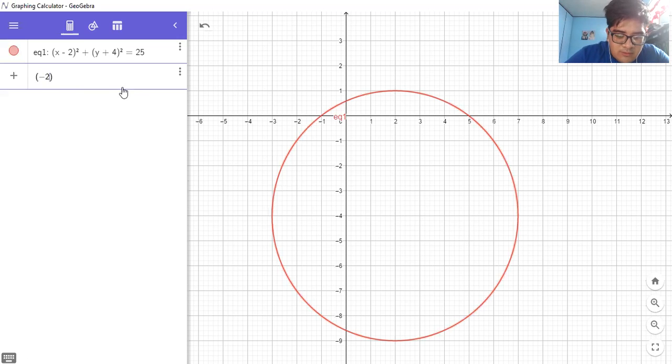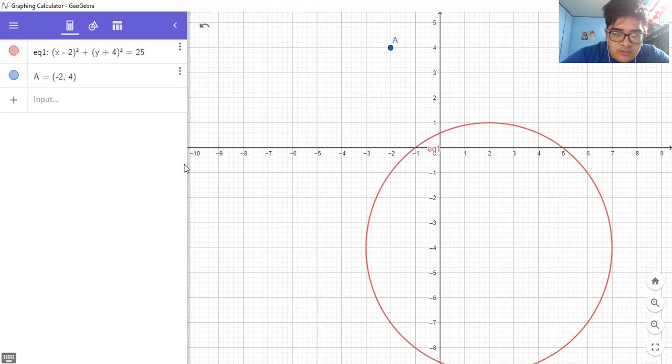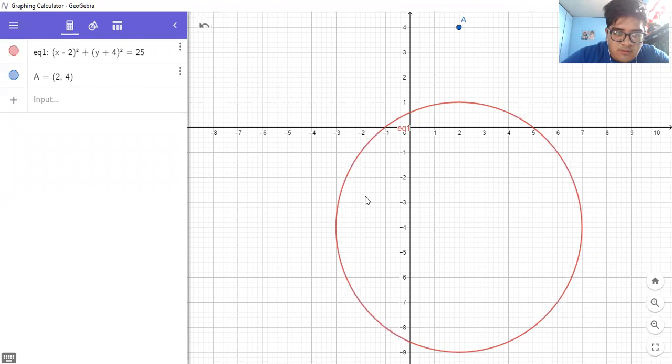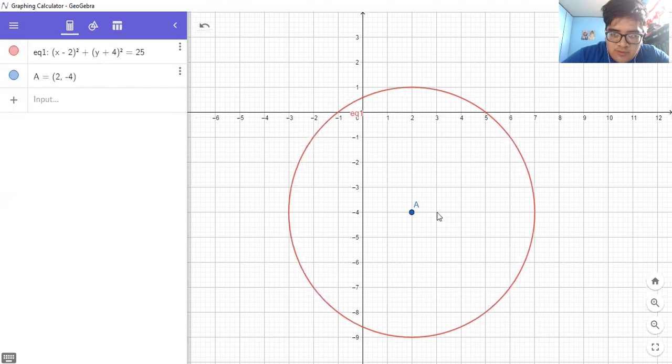Para makita, the center is positive 2, negative 4. I'm sorry, I said negative 2 earlier. Ayan. This is the center and radius 5. 1, 2, 3, 4, 5. Indeed, 5 ang radius niya.